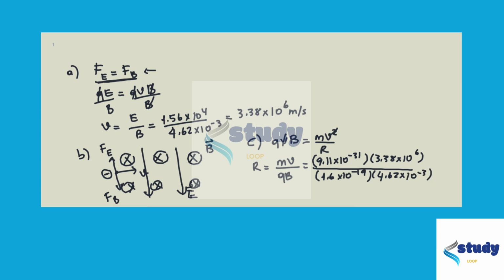From here, we find the radius to be 4.165 times 10 to the power of negative 3 meters.